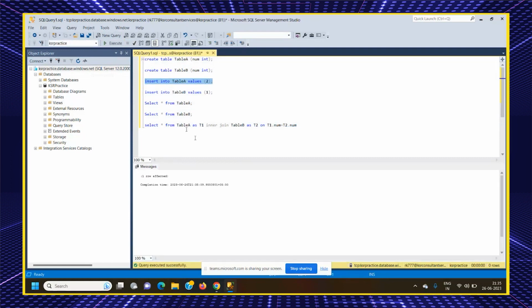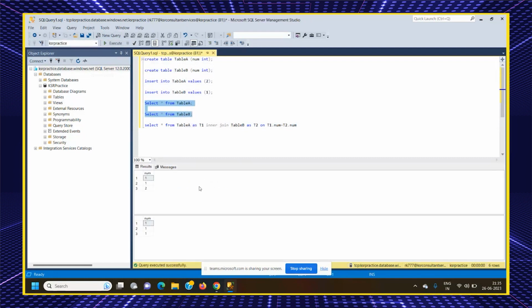We have taken aliases here, table A as T1 and table B as T2. An alias is a concept in SQL where we replace the complete table name with a single character. So table A has 1, 1 and 2, and table B has all three 1s.